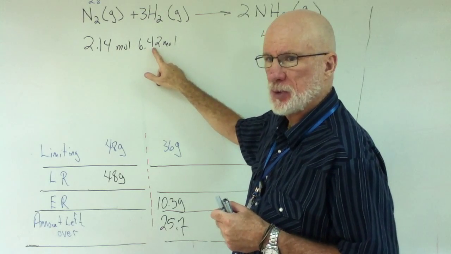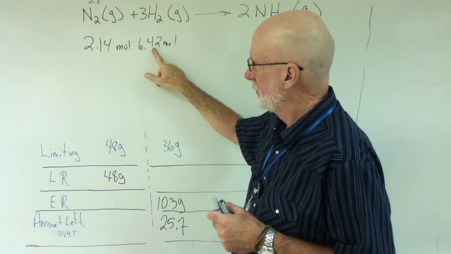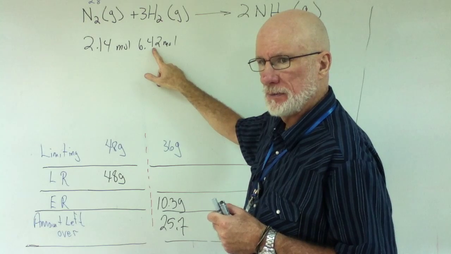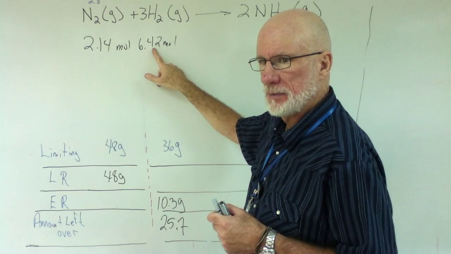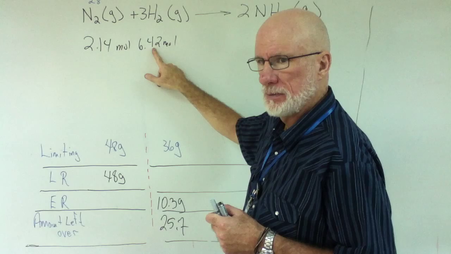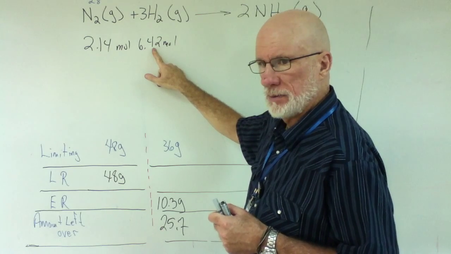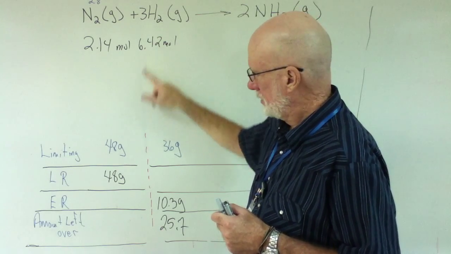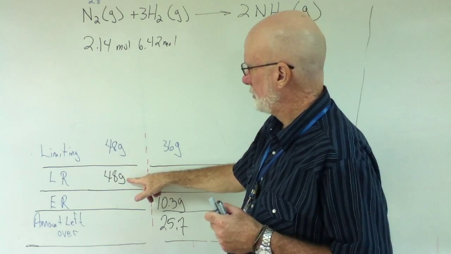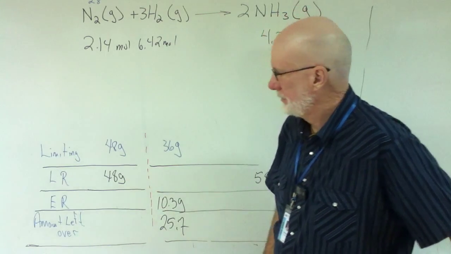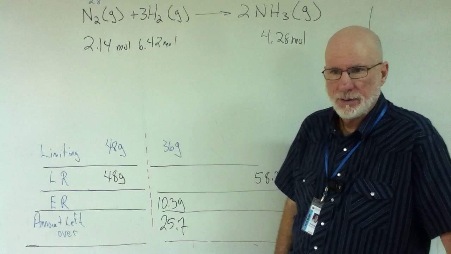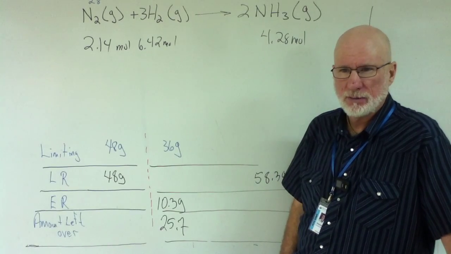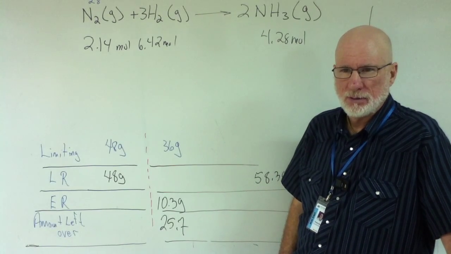So that's right, 6.42, right? That's how many moles, right? No, I mean, I was wrong from the beginning. Like the 2.14 moles is wrong. Because it's grams, right? So 48 divided by 28 is not 2.14.